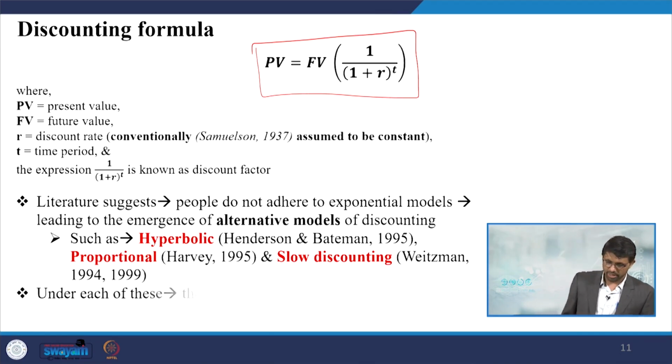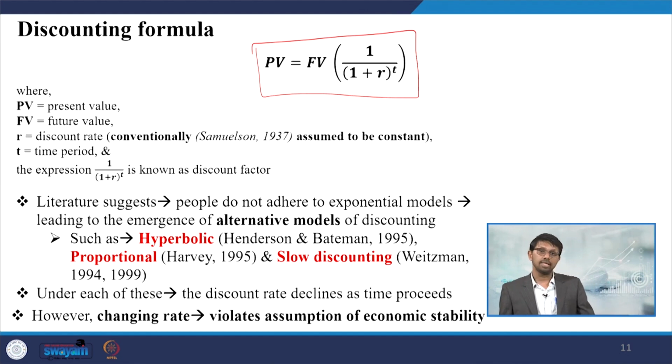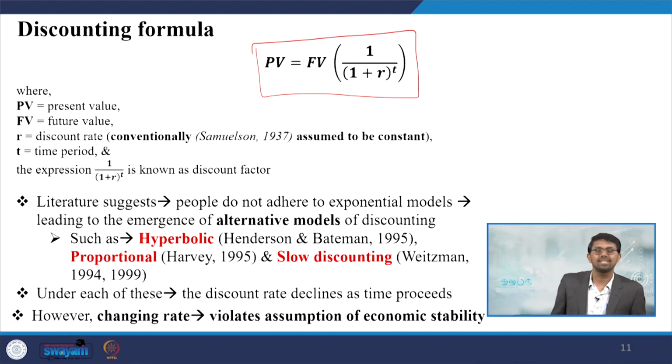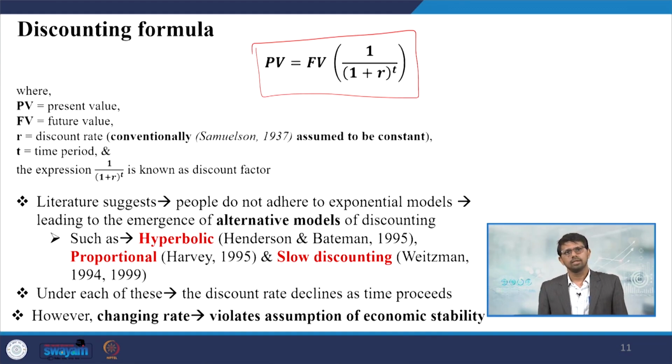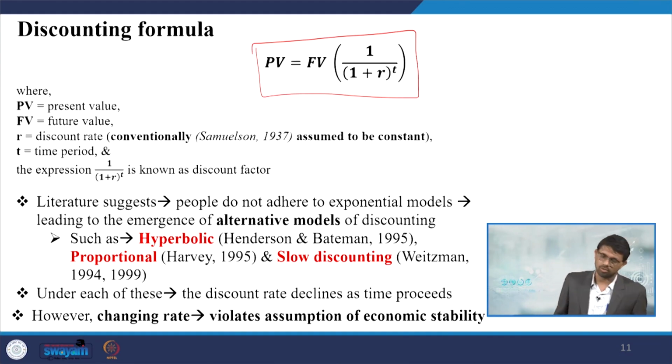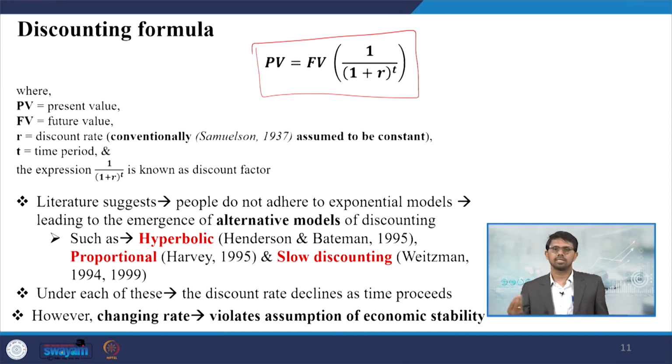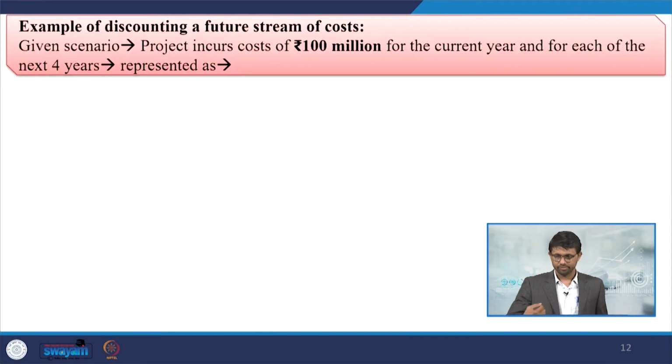I have just cited their names, you can follow. Under each of these, the discount rate declines as time proceeds. However, a changing rate violates the assumption of economic stability, so it is also convenient to consider the discount rate to be constant.